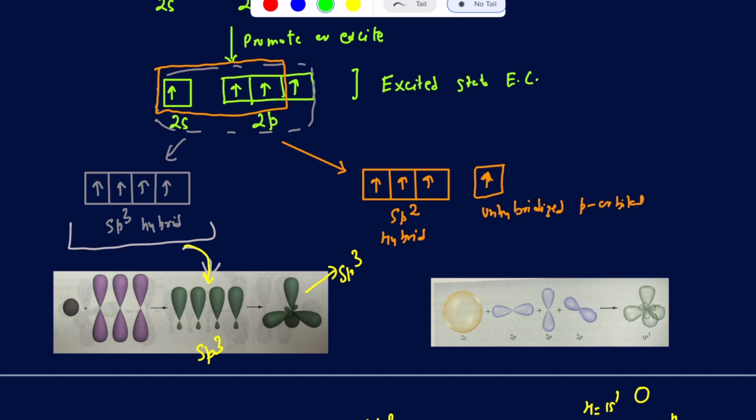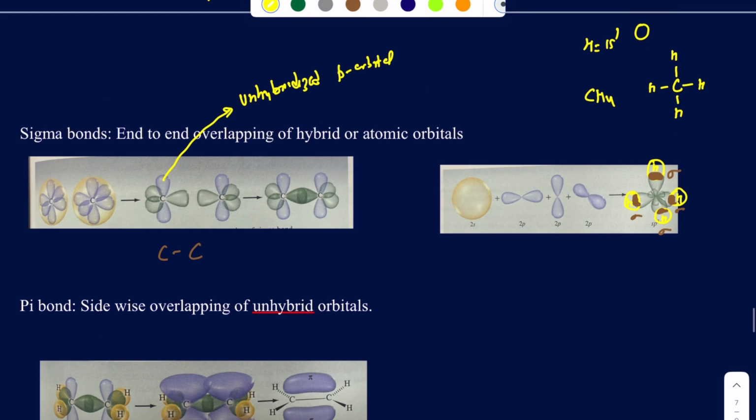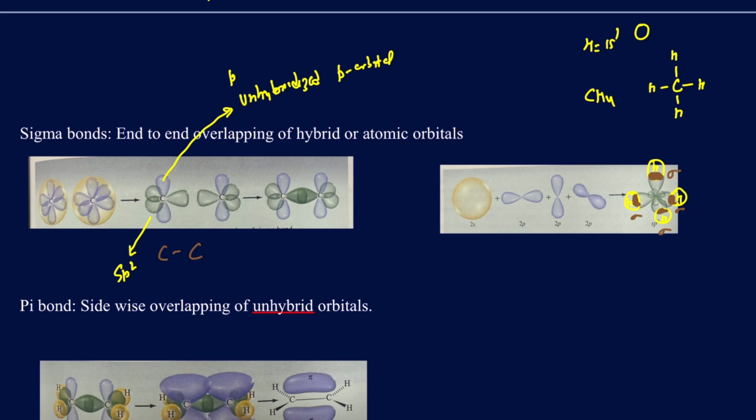That would still be in a dumbbell shape, so I'm going to write down that this would still be in its original shape. And that's exactly what's happening here. This carbon has three hybrid orbitals, so that tells me it is in sp2 hybridization, and then you have this unhybridized p orbital still right here.